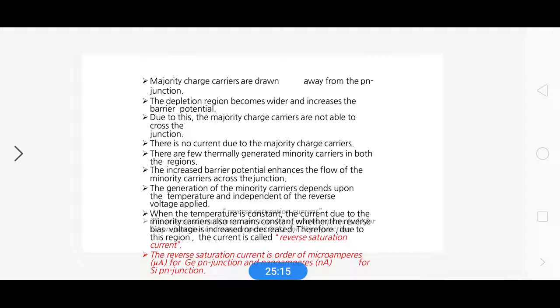So the P side is connected to the negative terminal of the battery and N region is connected to the positive terminal of the battery. So electrons in the P region are repelled by the negative terminal and holes in the N region are repelled by the positive terminal of the battery. So they are moving towards the junction.